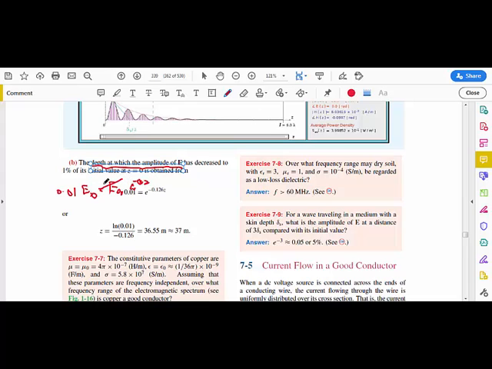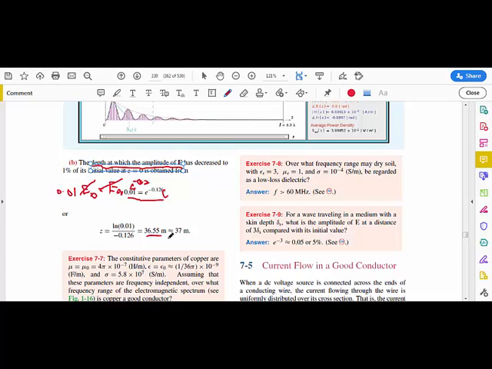So the Ex naught cancels on both sides and we get 0.01 is equal to exponential minus alpha z.